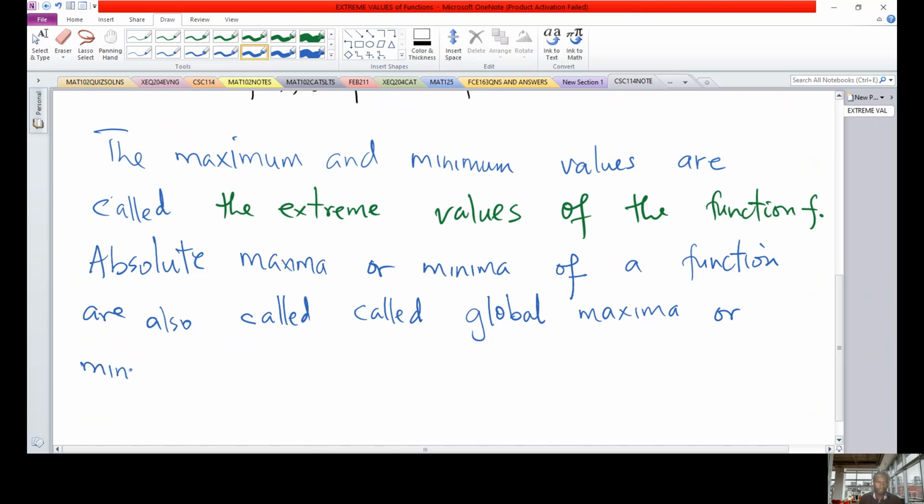So remember, maxima is the plural of maximum value and minima is the plural of minimum value.